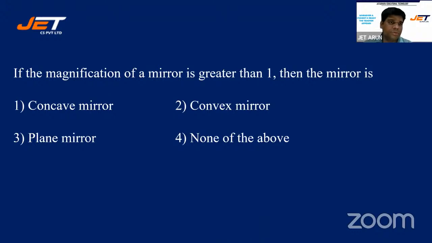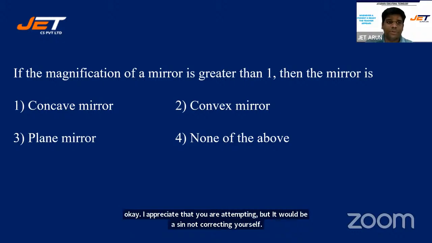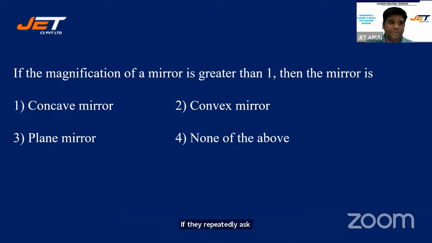Oh, mixed response, students, for this question. This is a repeatedly asked question. With the standard question, students, you are attempting and getting it wrong, that's okay. I appreciate that you are attempting, but it would be a sin not correcting yourself. We have done this before too, but you haven't corrected yourself. Wrong answers are coming.